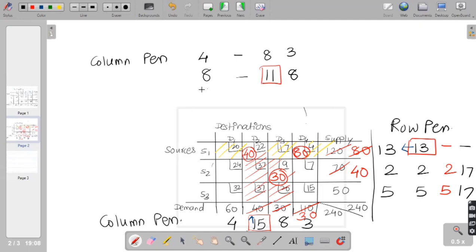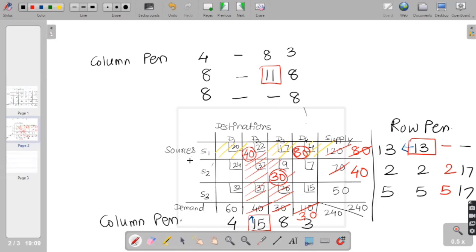First column, the difference is 8. Now, third column is also gone. The destination 3 has got all its required units supplied, and therefore third column penalty will not be calculated. Fourth column penalty will be 8. Now, there is a tie in the largest penalty.